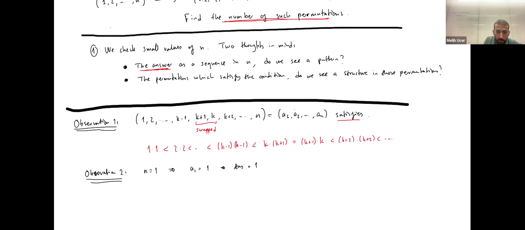For n equals 2, the permutations are 1, 2, and 2, 1. They both satisfy. And the answer is 2. This is trivial. For n equals 3, of the permutations, let's see which ones satisfy, which ones don't.